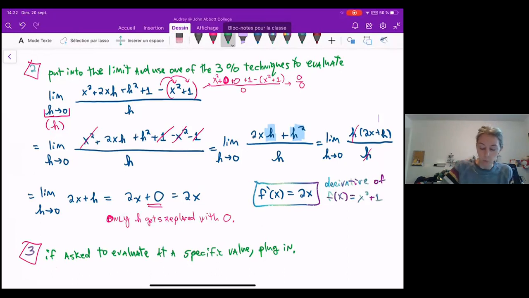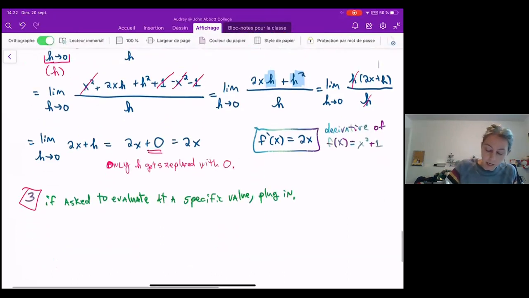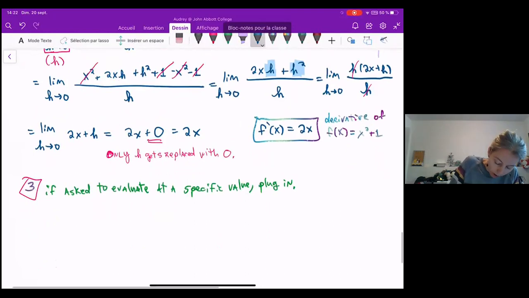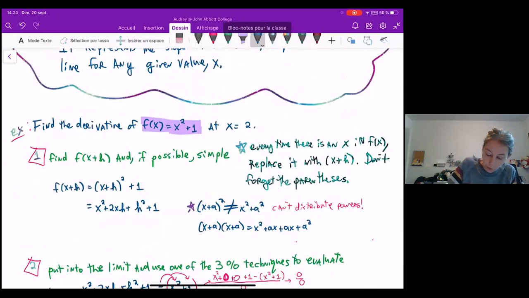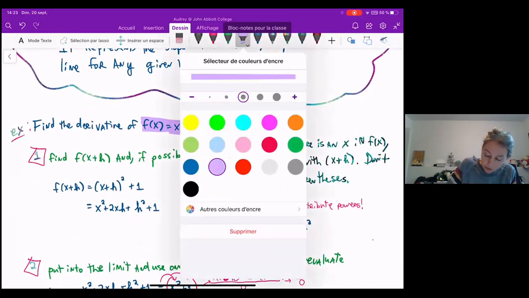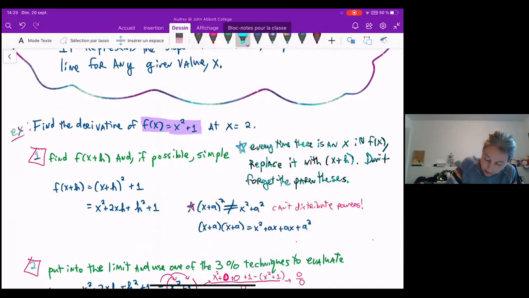In this case, we are, so I'm plugging in 2. So in other words, what I want is f prime of 2. And I'm just going to go back to the top to remind you, that's because that's what the question asked you to do. It said, find that derivative at x equals 2. So now I'm plugging in 2.